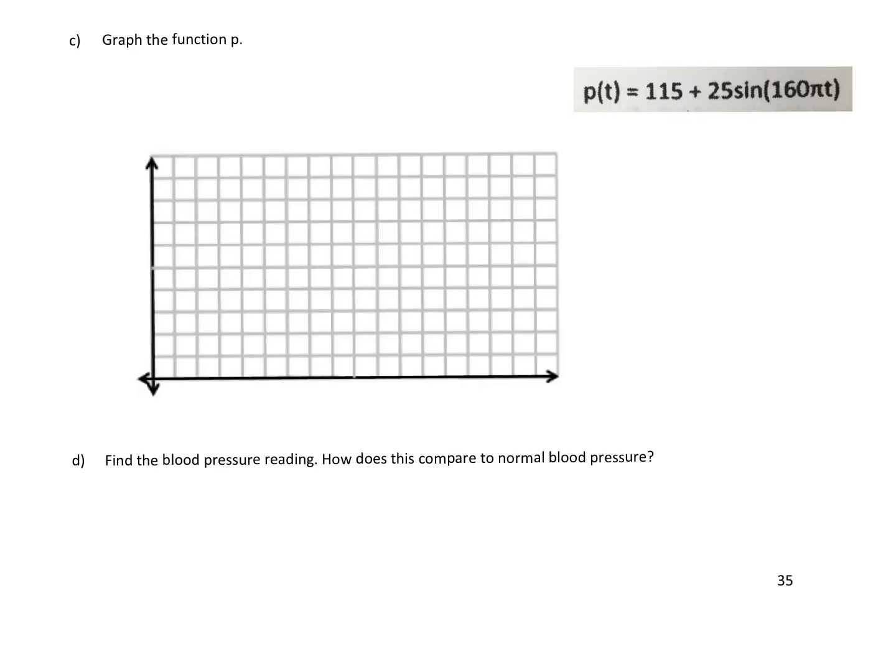Okay, so in the next part, they want us to graph P. Now, they don't say how many cycles, they don't give us a domain, so that's really going to be up to us. So let's first, I put the equation here. Let's write down all of our important information. Okay, so just like the last question, let's write down what our amplitude would be, the frequency, the period, vertical shift again.